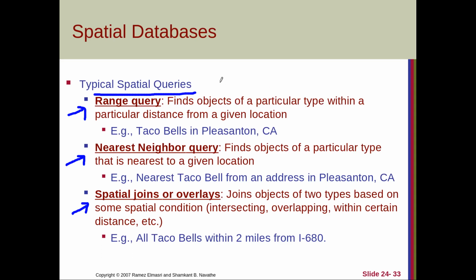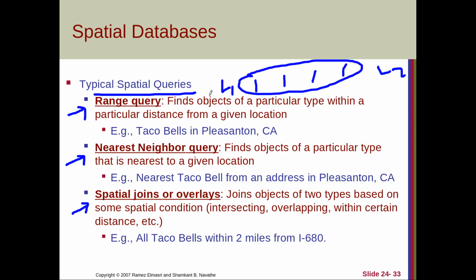For example, this is location 1, and this is location 2. Find out all the hotels between these two locations. It is called a range query. So the range is between two objects. Find out all the hotels between location 1 and location 2.